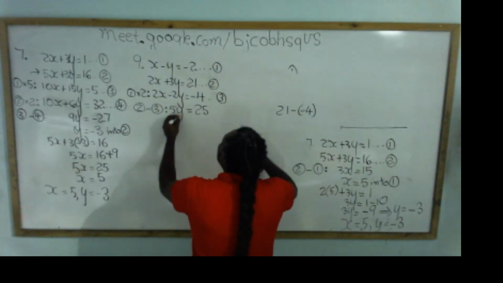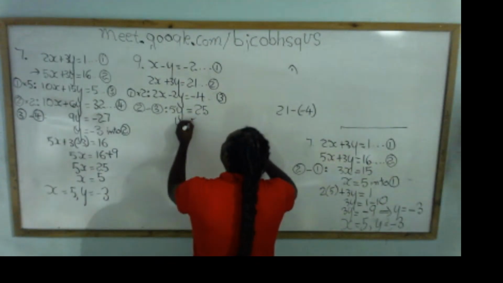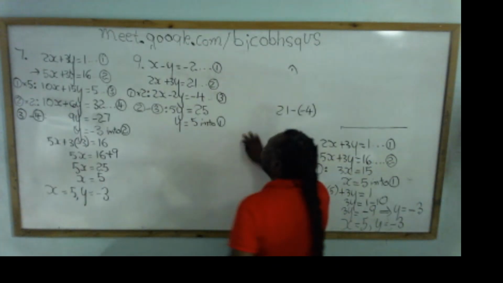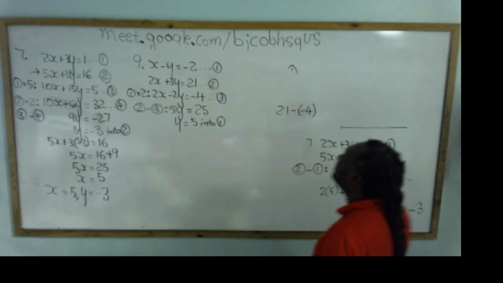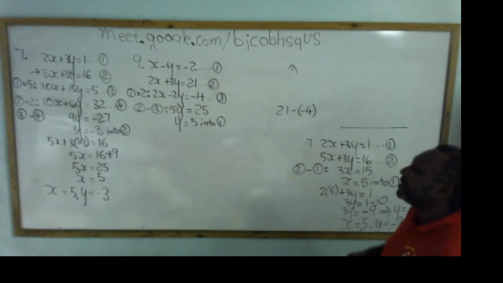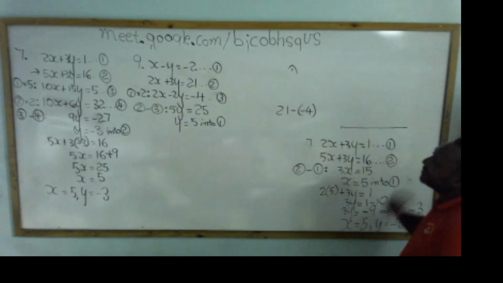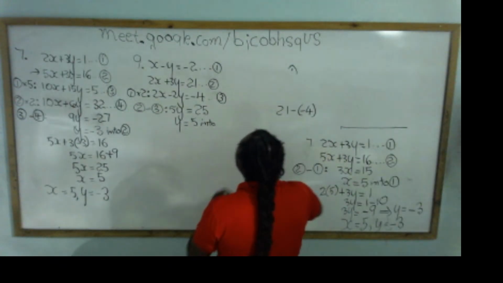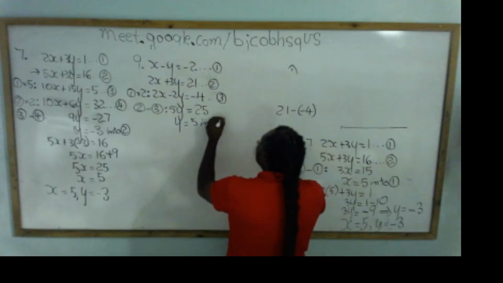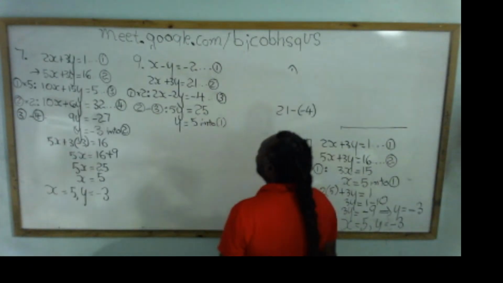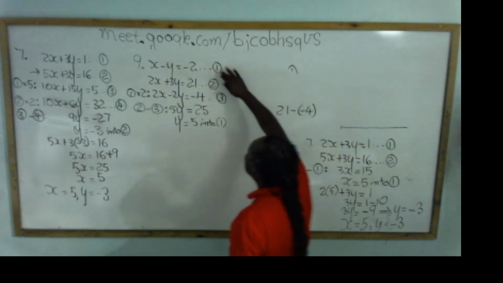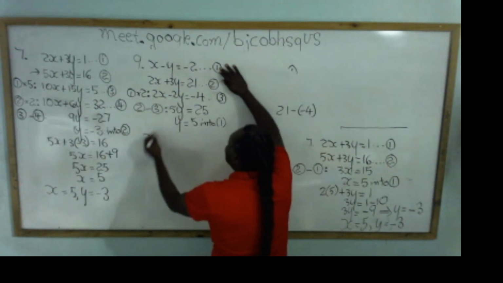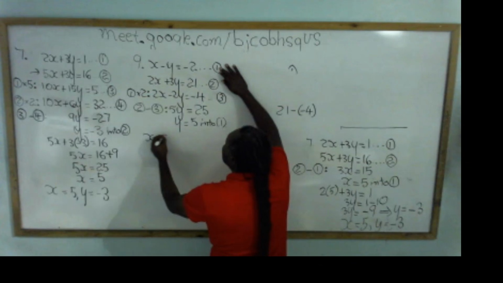So y is equal to 5. I'm putting that into equation 1. Y is equal to 5, and we are placing that into equation 1. So x minus 5 is equal to negative 2.